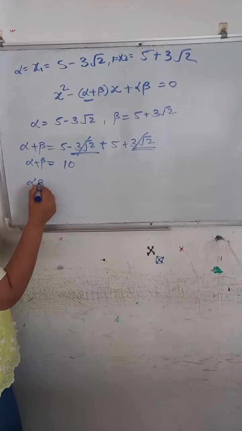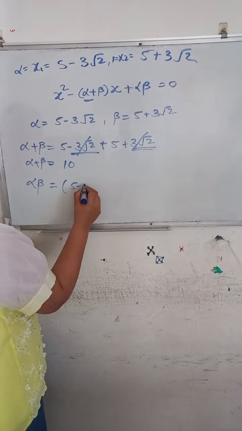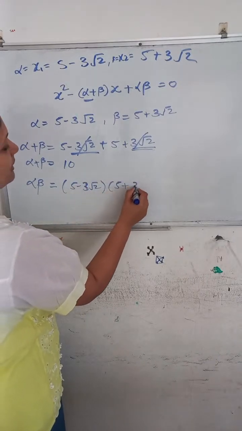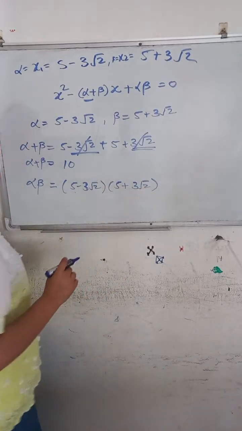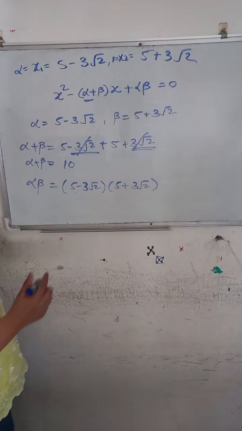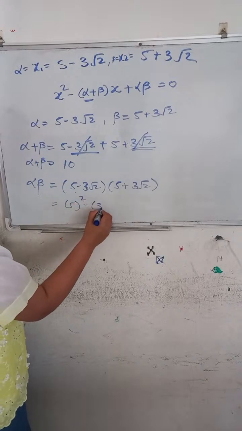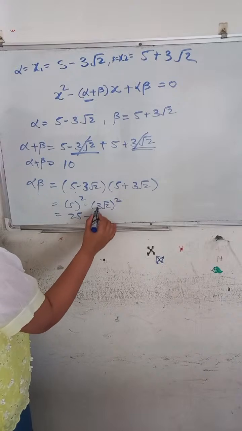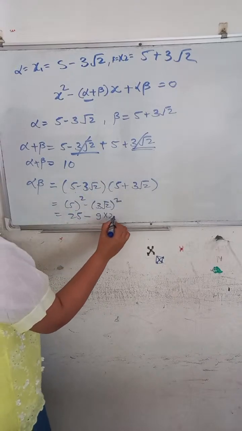And next is alpha into beta, which means we have to multiply. So (5 minus 3 root 2) and (5 plus 3 root 2). So (a minus b)(a plus b) is nothing but a square minus b square. So here 5 square minus (3 root 2) square. 5 square is 25, 3 square is 9 and root 2 square is 2.